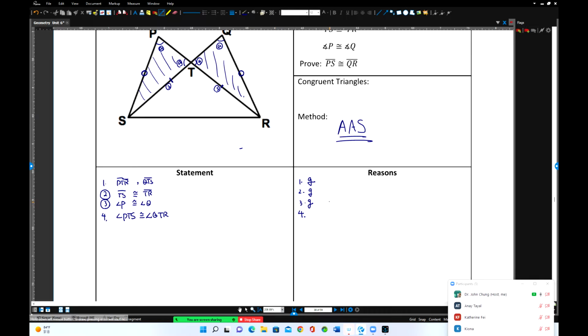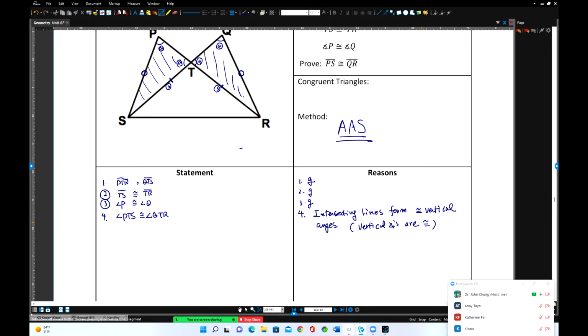But more detailed: intersecting lines form vertical angles, congruent vertical angles, or just vertical angles are congruent. That's fine too.